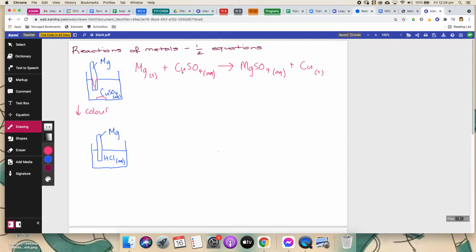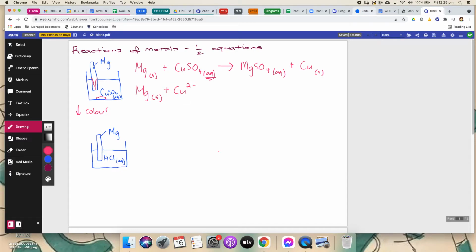So the first step, you need to break down this equation into ions, leaving anything that is not ionic in its natural state. So magnesium as a solid is not an ion, it's a solid. It's just an element, it's neutral. Copper sulfate. Your hint is it's an aqueous solution. Aqueous solutions are generally made up of ions.